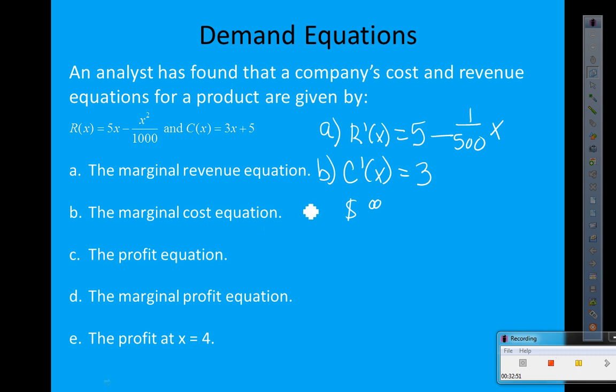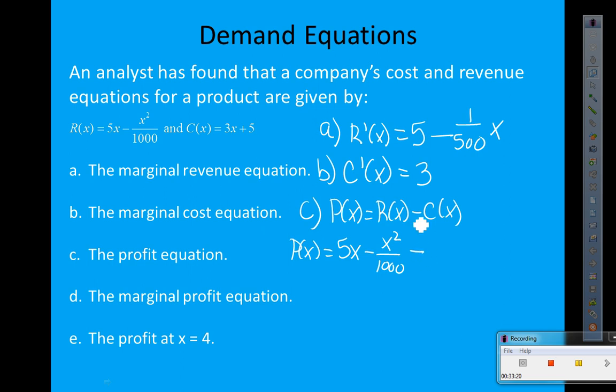Here goes my part C, the profit equation. Hey, for a trip down memory lane, remember that the profit equation is the revenue equation minus the cost equation. So my revenue is 5x minus x squared over 1,000 minus my cost equation, which would be minus 3x minus 5.